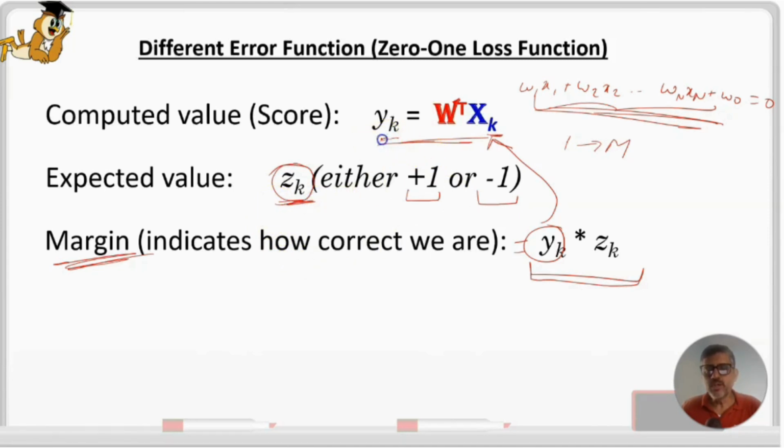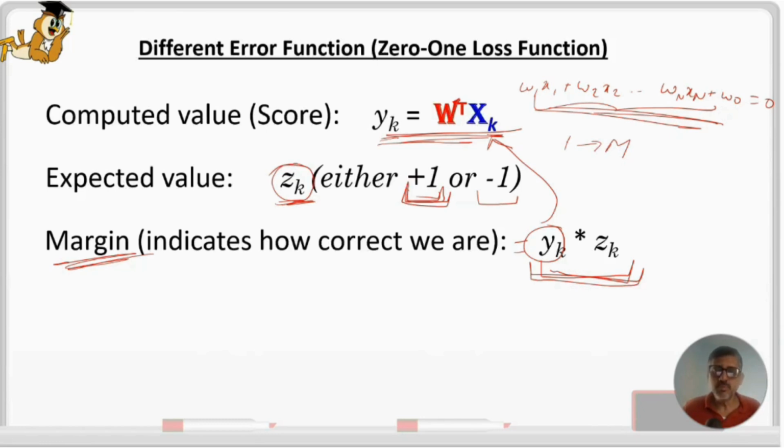Now, if your computed score was highly positive and your expected value was also +1, what it means is that yk multiplied by zk is a large positive quantity, and therefore it indicates how correct you are, because you were expecting +1, your model returned a very high positive quantity, and therefore you were absolutely right. You were correct to a very high extent. That's the logic, right?